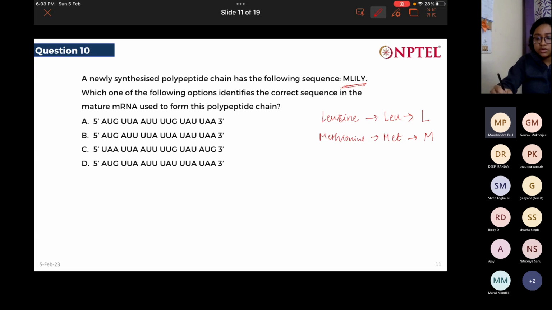First get the amino acids: what M stands for, what L stands for, what I stands for. Then for each amino acid, you have to get the codon and arrange it in the same sequence that is given.